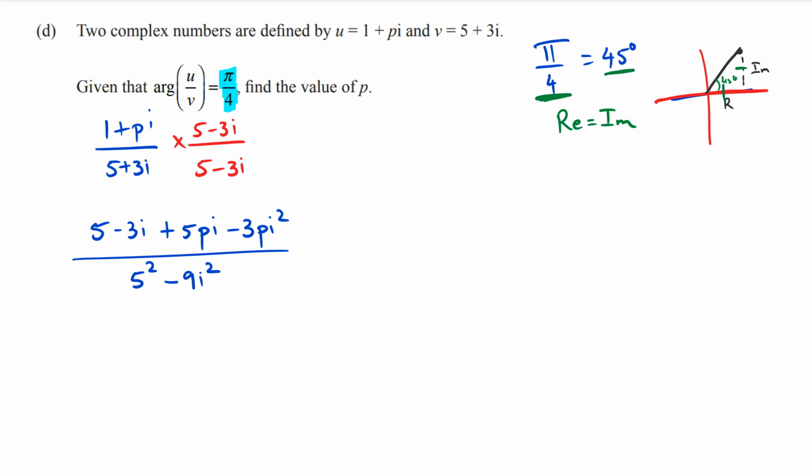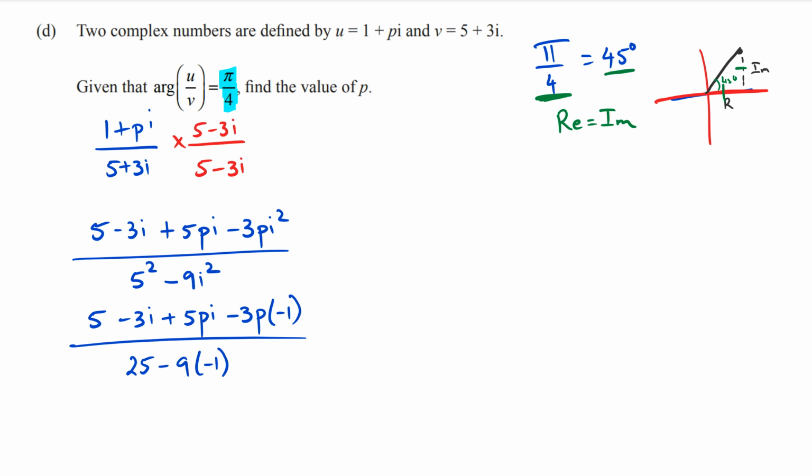So now in the numerator, what we have is 5 minus 3i plus 5pi, now minus 3pi squared, and i squared is -1, divided by 5 squared, which is 25, minus 9 times -1.